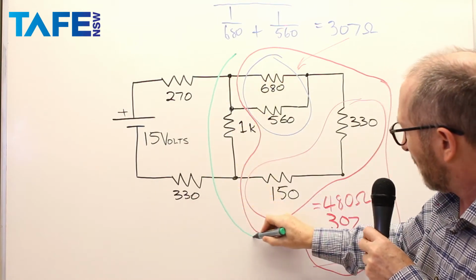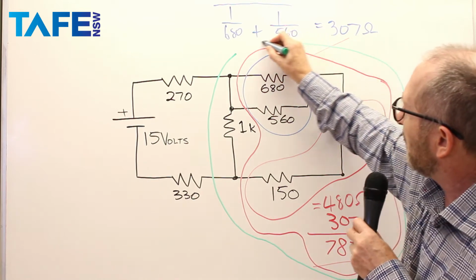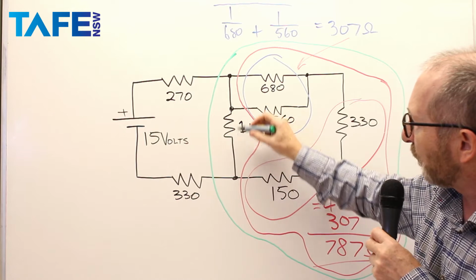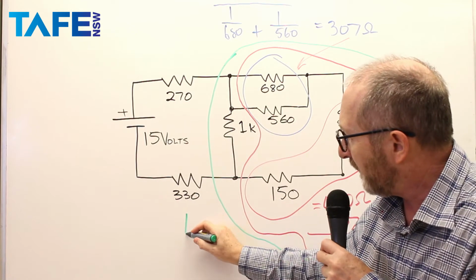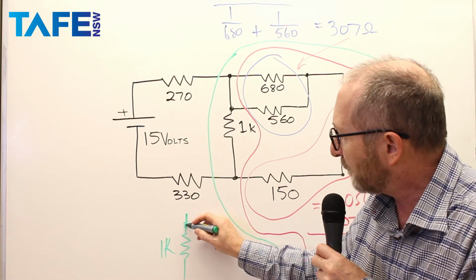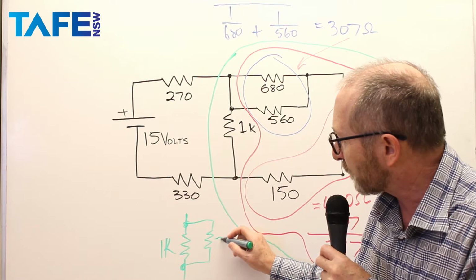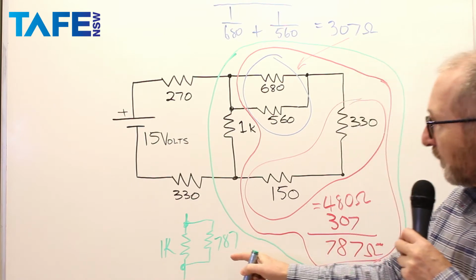We're going to take into account now this 787. It's in parallel with that 1K. So here's the 1K, and it's in parallel with all of what we worked out so far, which was 787, just to redraw it like that.